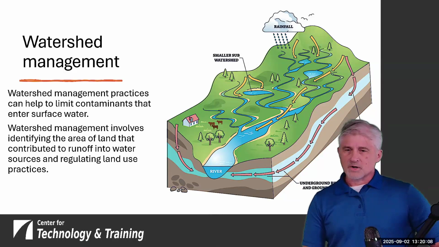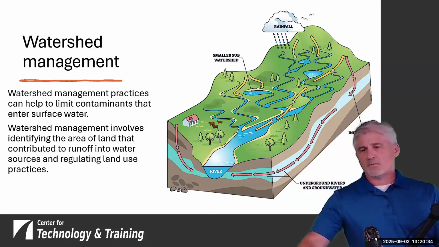So in a watershed management plan, you need to identify the area that will ultimately serve your surface water source. In this case, we've got some smaller sub watersheds. It's important to pick up all those little things and make sure that we're looking at what might happen in those areas.